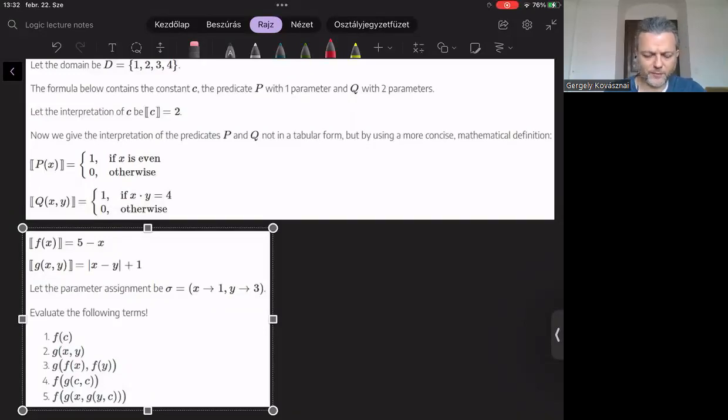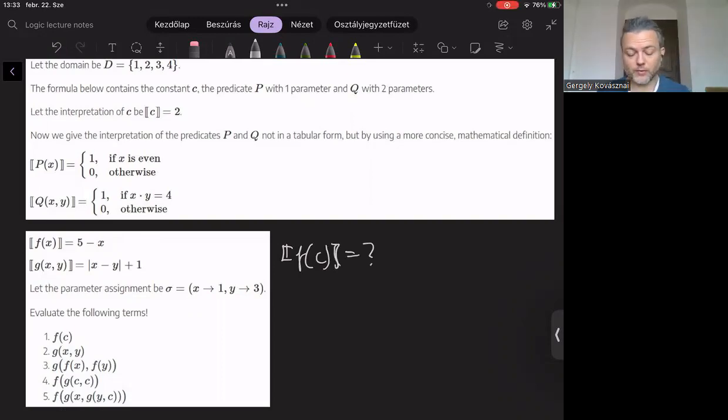So let's see the first term, f of c. So this is what we have to evaluate, f of c. So we have to calculate what value from the domain is assigned to f of c in this case.